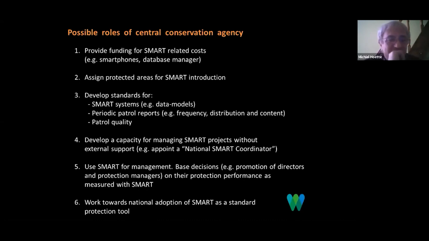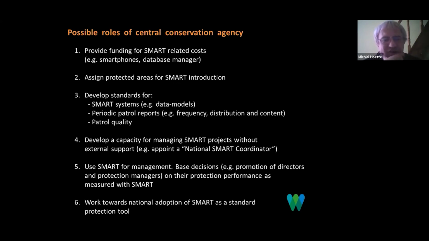For instance, in Uzbekistan, the central authority appointed a SMART coordinator who's working closely with me on everything we do in a pilot project for 2 sites, with the aim that at the end of the project, he can manage SMART at those 2 sites without any outside help, and that he also develops the capacity to introduce SMART to additional sites without outside help.